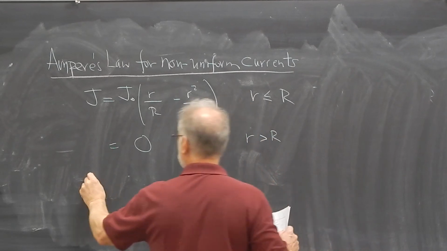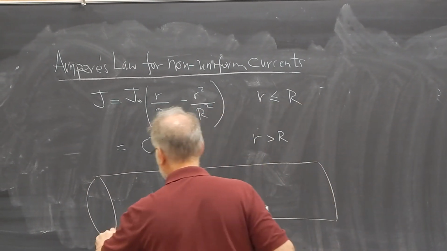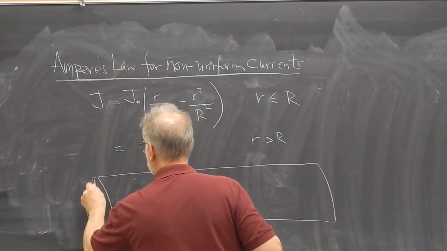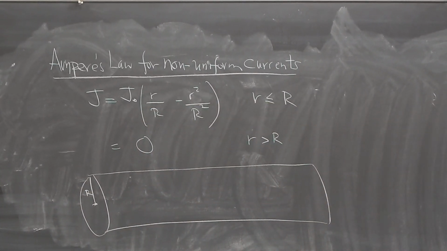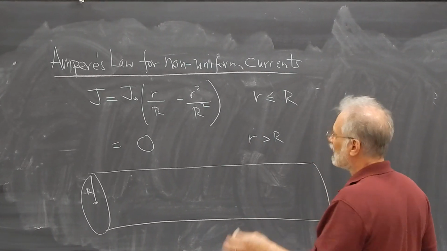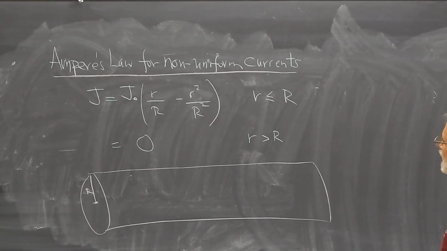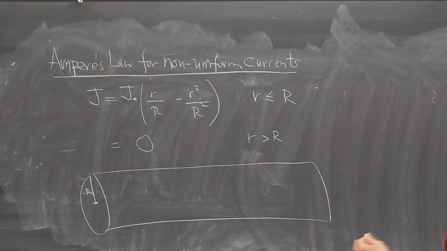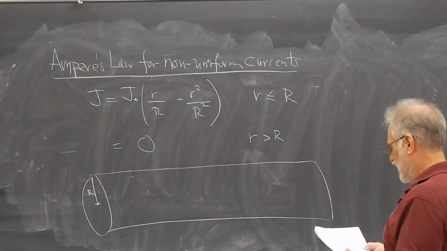And again, this is for a very, very long cylinder of radius R. The wrinkle that I want to add in this case is, let's find the magnetic field inside the cylinder and outside the cylinder, but let's also find where the magnetic field is a maximum. So this complicated current distribution will allow us to do that.